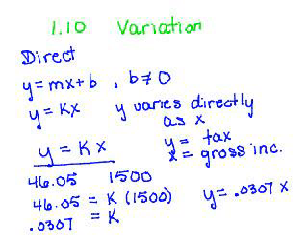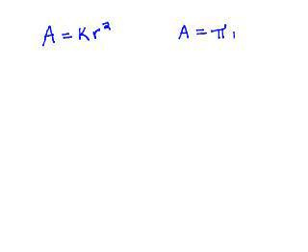Sometimes you can have direct variation as an nth power. So for example, if you remember from geometry, area varies directly as the radius squared. And I know that the formula for the area of a circle is area is equal to pi r squared. So if I know the radius, I can square it and multiply it by pi.